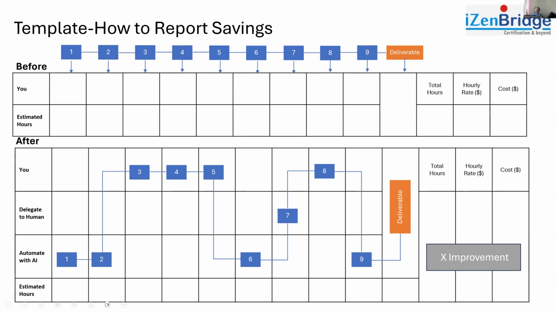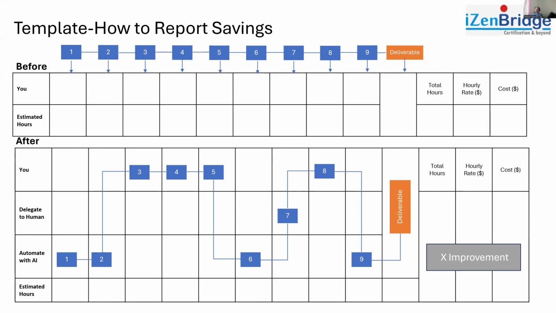Now, you may not have done everything using AI. You might have done certain things with AI. There are certain things that you are still doing manually, and there are certain things that you have delegated to your team member with the same deliverable. So that's a template that you can use to showcase how the efficiencies are getting improved.